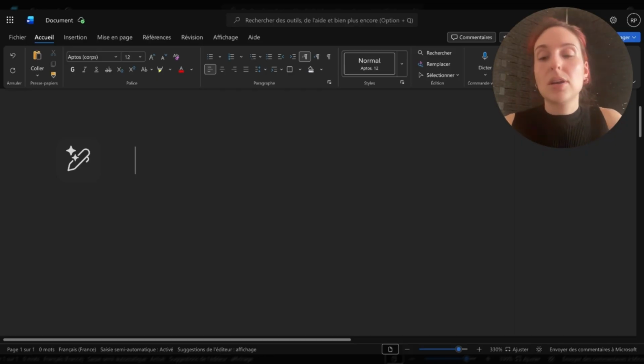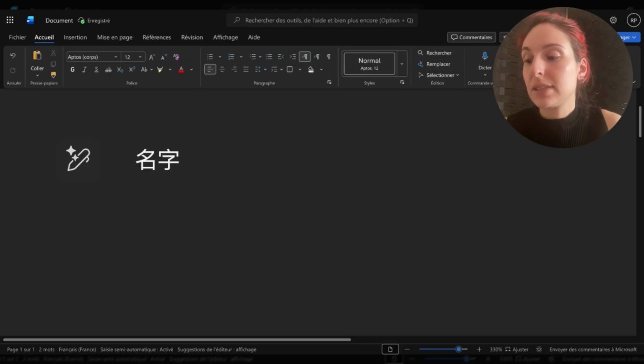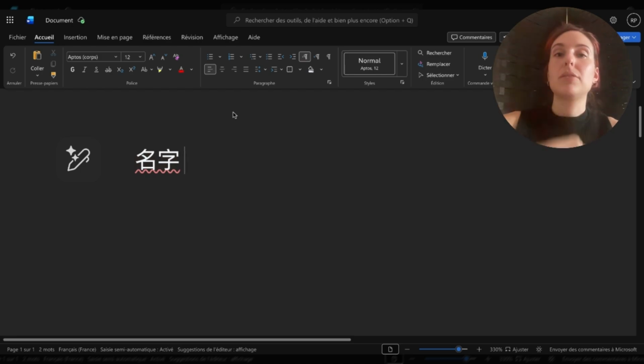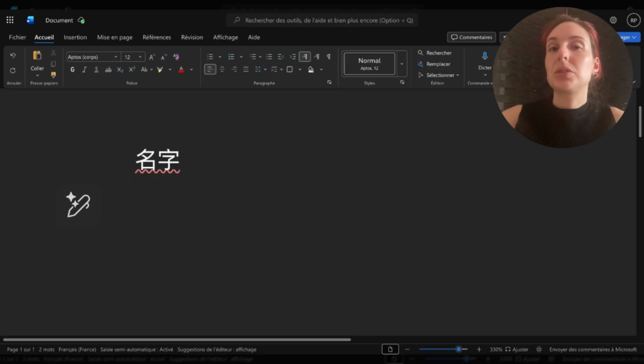So let's start with how to ask a person's name. So a name is 名字, 名字. So we have here the second tone 名, rising tone, 字, fourth tone. So 名字. And we're going to need the question word 什么 to ask this question.